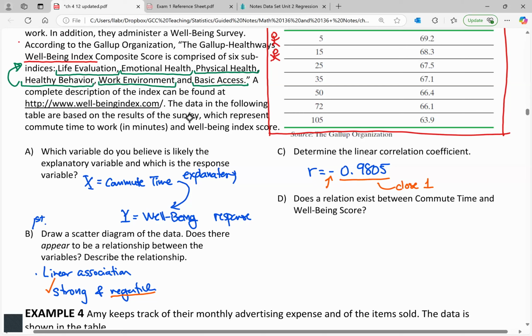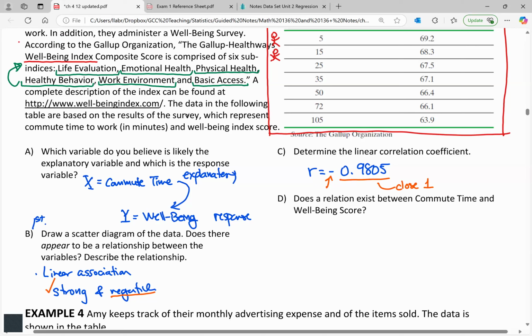All right, now part D asks, does a relationship exist between commute time and well-being score? So does a relationship exist between commute time and well-being score? Here is where you got to ask yourself now, is this value close enough to 1?